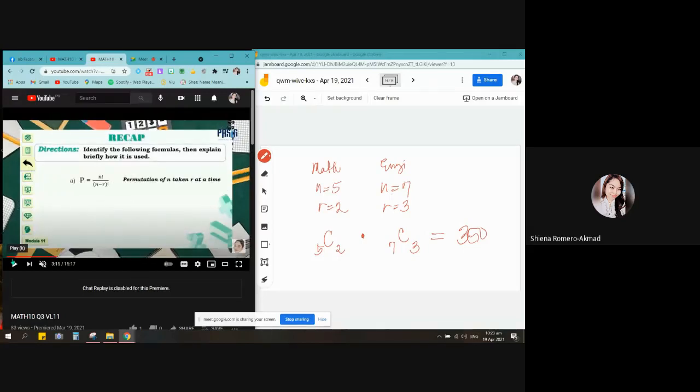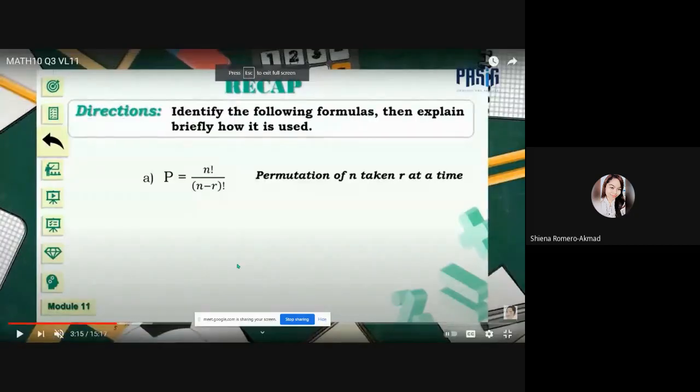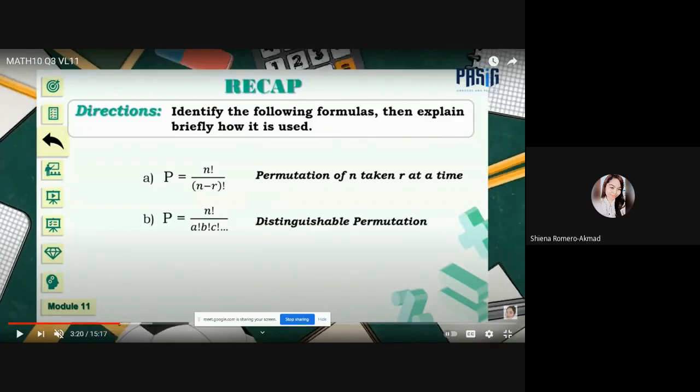Mag-recap pa tayo. Ito, recap na lang natin itong mga formula that can be used in any of the situation. Depende kung ano yung nararapat at ano yung dapat na gamitin. So for letter A, we have formula for permutation. That's n factorial divided by n minus r factorial. Distinguishable, yung may pare-pareho, things that are alike. We have n factorial divided by a factorial times b factorial times c factorial and so on.